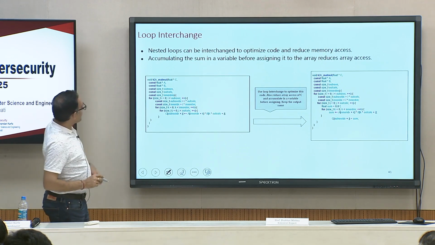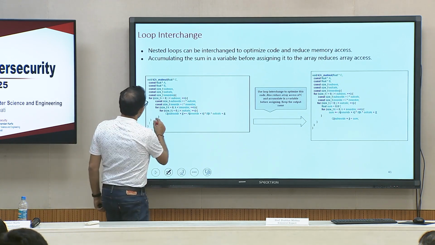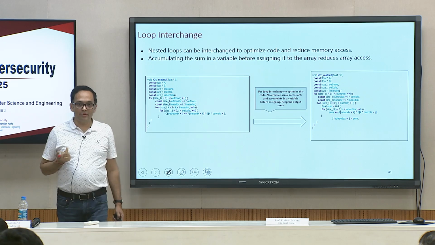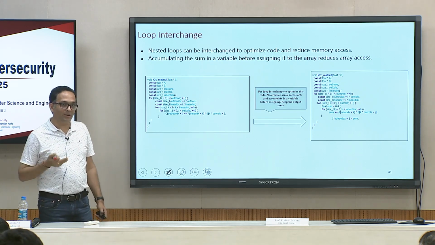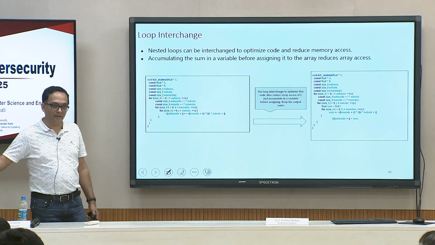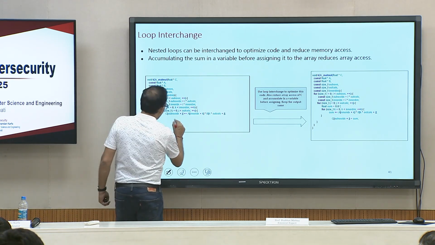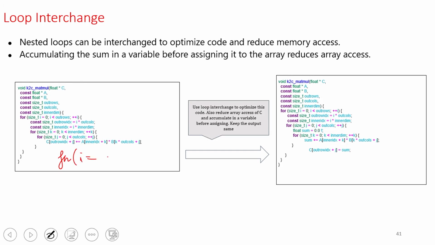Similarly, loop interchange is another thing. For example, everybody knows matrix multiplication, everybody has written the matrix multiplication code. There are basically 3 for loops, i, j, k. The first for loop is i, then the second for loop is j, then the third for loop is k. There are 2 matrices.